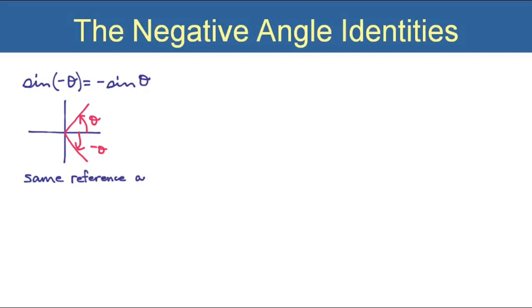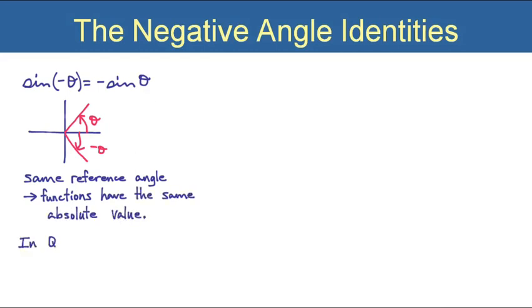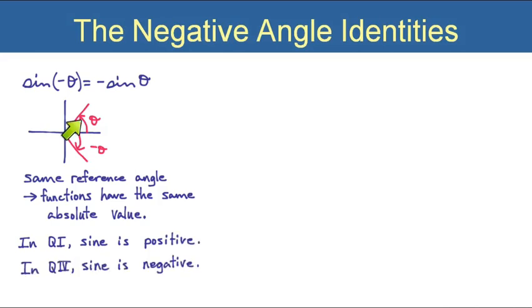Now you remember from chapter 2 that these two angles would have to have the same reference angle, and therefore the functions have the same absolute value. In quadrant 1, the sine value will be positive, and in quadrant 4, the sine value will be negative. Well, that's all this is saying, that the sine of the negative angle is the opposite of the sine of the positive angle. So they're different signs.